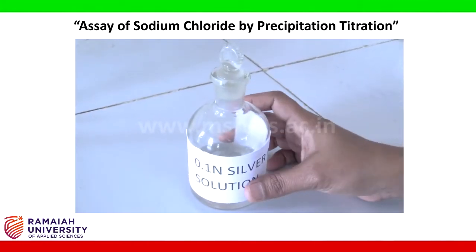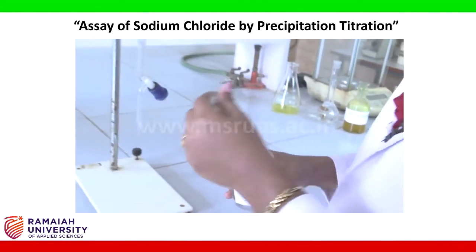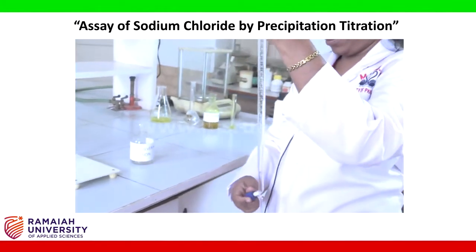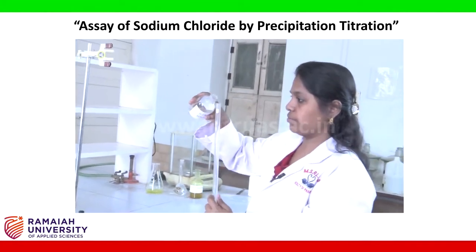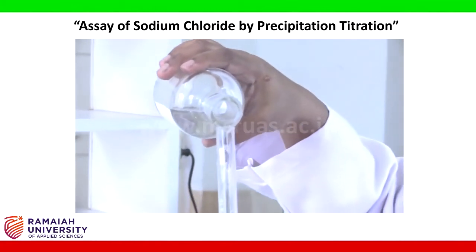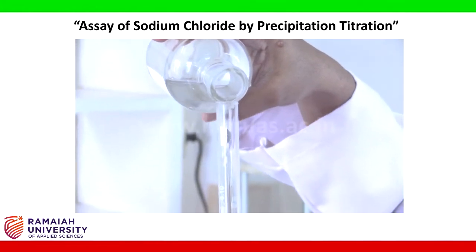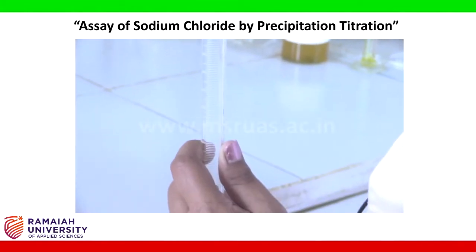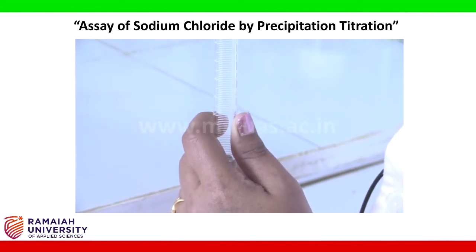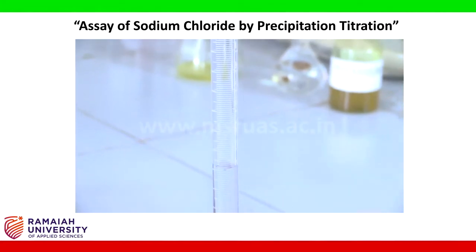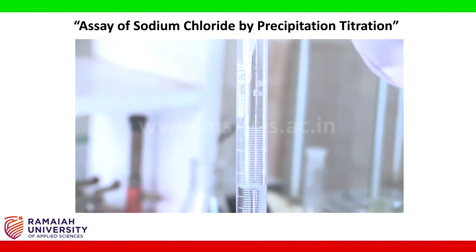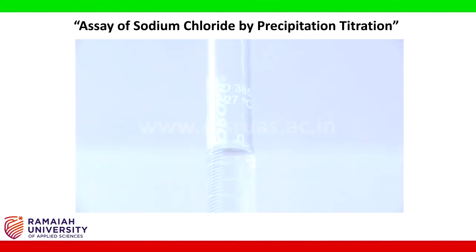Fill the burette with 0.1 normal silver nitrate solution. Fill till up to the mark.